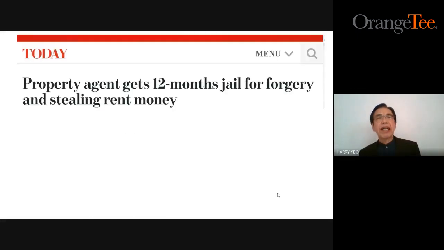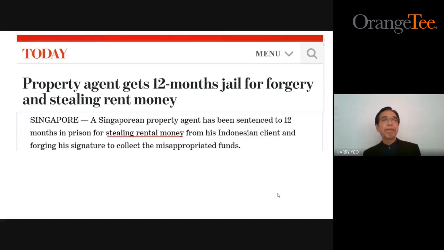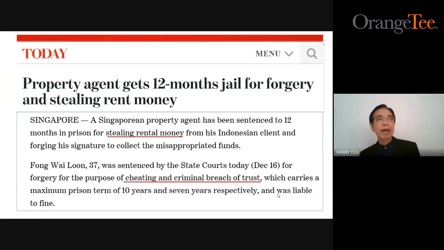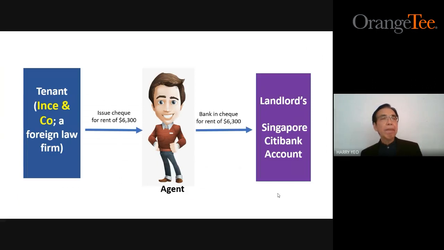So let's look at case study number 1. Property agent gets 12 months jail for forgery and stealing of rent money. What happened actually? This agent represents a client who is in Indonesia. So a Singapore property agent has been sentenced to 12 months because he stole the money. How can you steal when it's rental money? This is what happened.